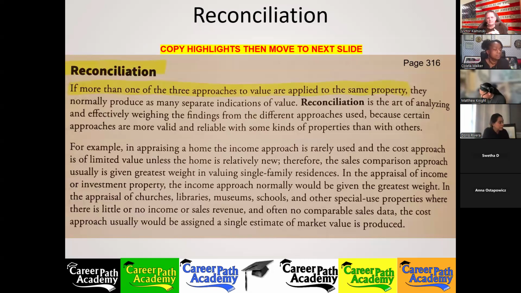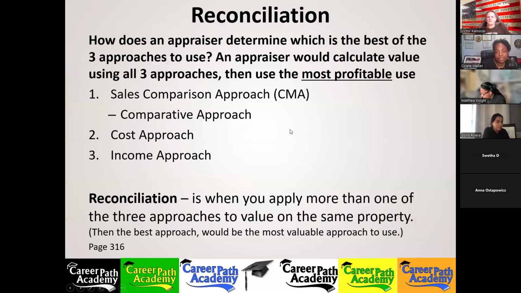Come on, guys. Just had it on the previous slide. What are the three approaches to value? Here. Sales comparison approach, the cost approach, and the income approach.